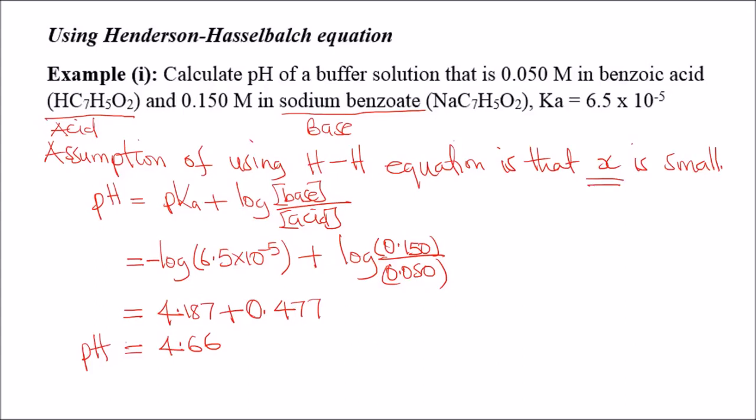If it is true, what is the value of X? So if I can rewrite our pH again, we said that pH is equal to 4.66.